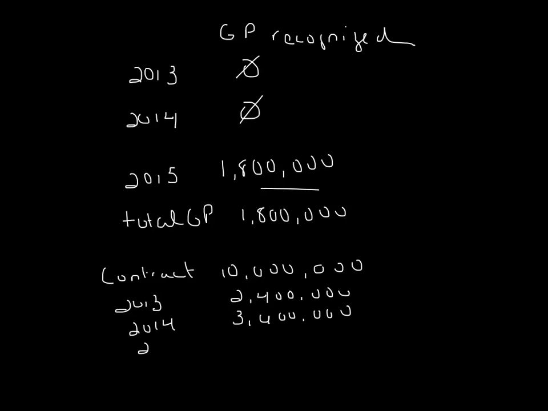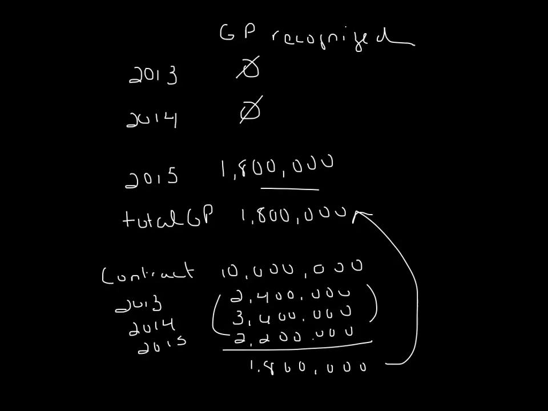And then in 2015, it was $2.2 million. All of these you subtract, obviously, from the 10 million, and this gets you to the 1.8 million. You can see that there. So this is requirement number 1, to show what you recognize for gross profit through the year. Okay?